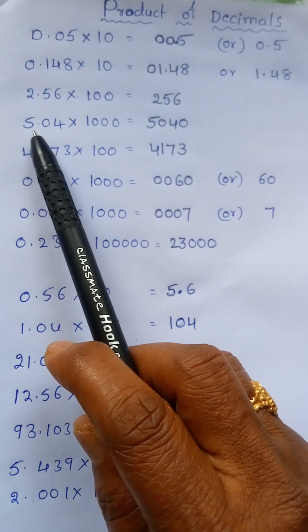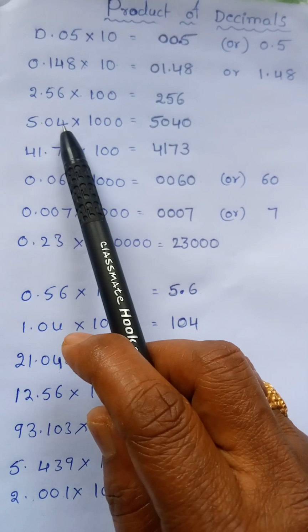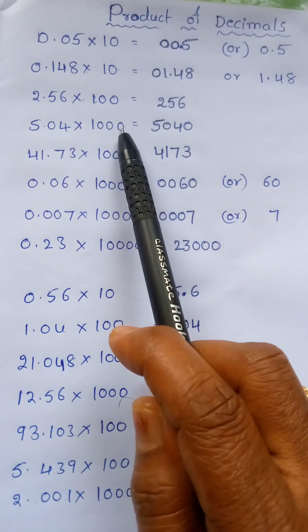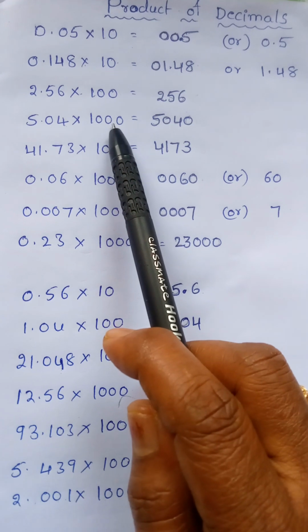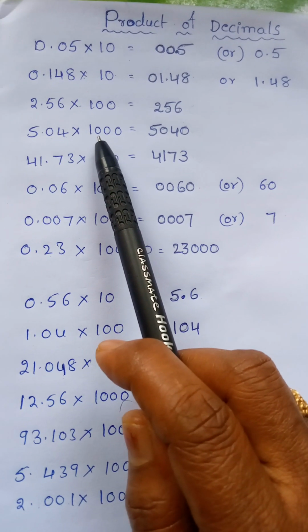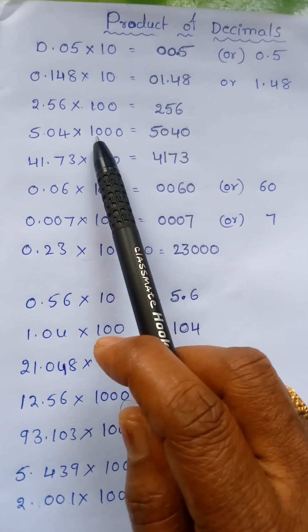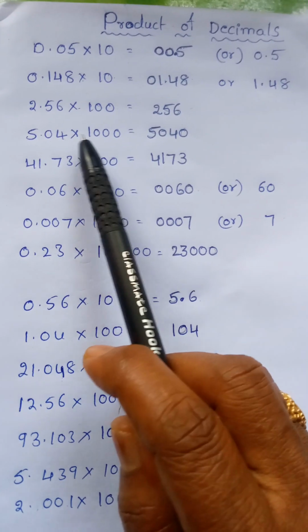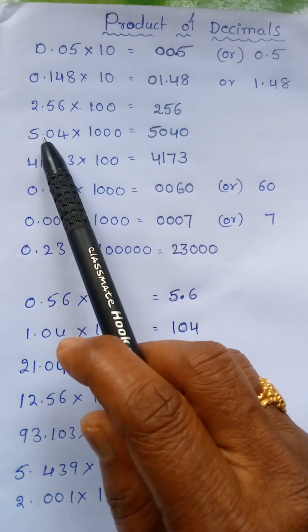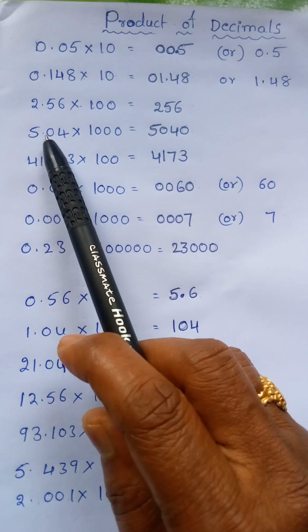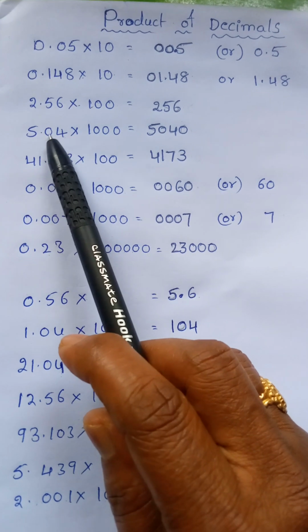Next one is 5.04 into 1000. Here 1000 has 3 zeros. The decimal point is after the 0, but there are two digits only.